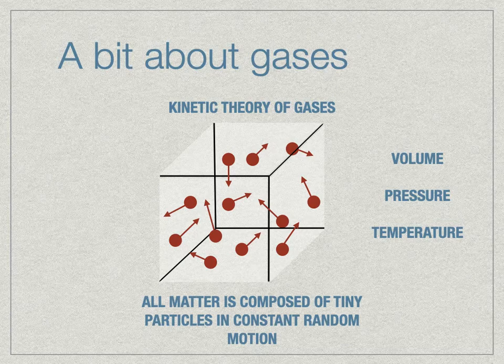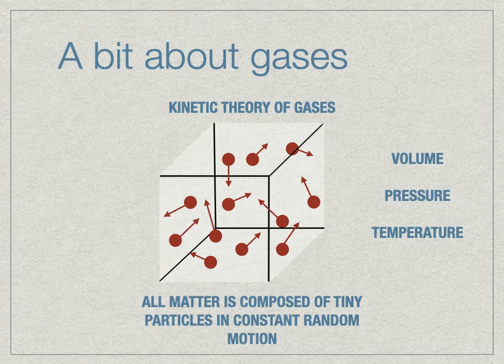Because if you have the particles moving at the same speed in the same size container, and you double the number of particles, you're going to have way more collisions, and your pressure is going to go up. So the only way to keep pressure constant in both containers is to have the same number of particles.